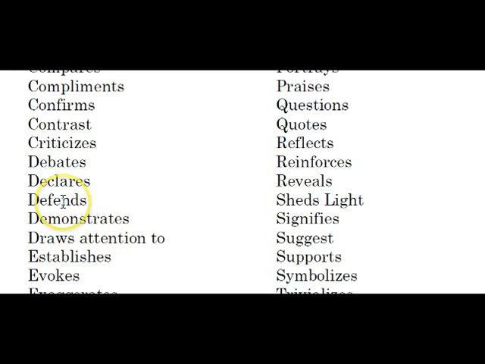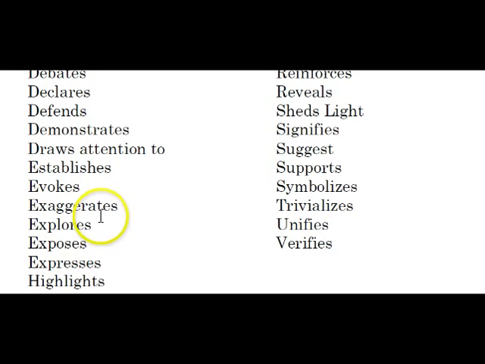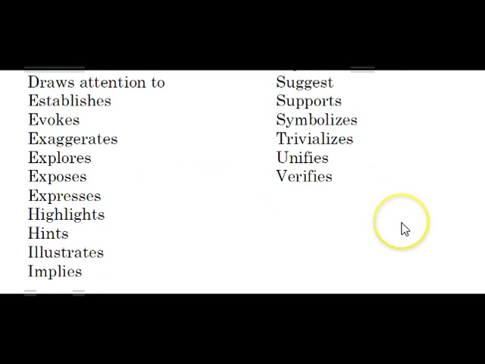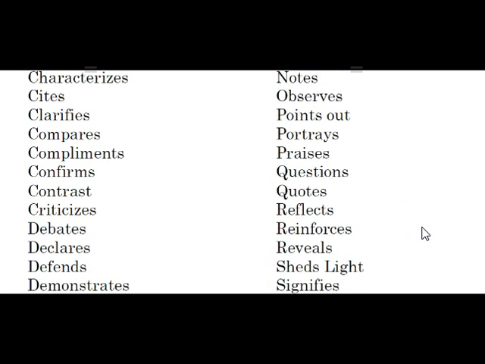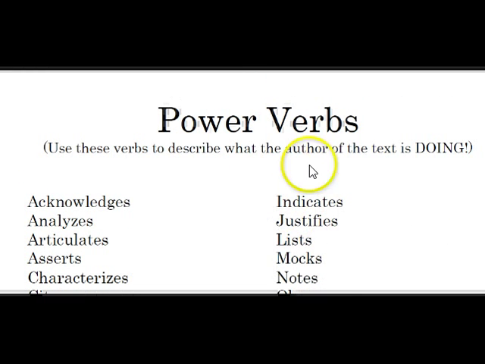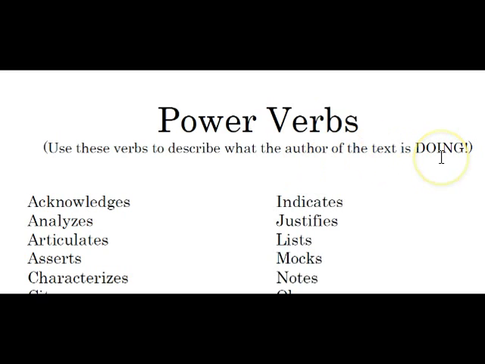Maybe the author defends someone or supports something. Maybe there's an exaggeration or a symbol. There might also be a hint or an illustration. So these are the types of verbs called power verbs that you want to use in the right-hand margin to describe what the author of the text is doing in that part of the text. And you do that for each chunk.